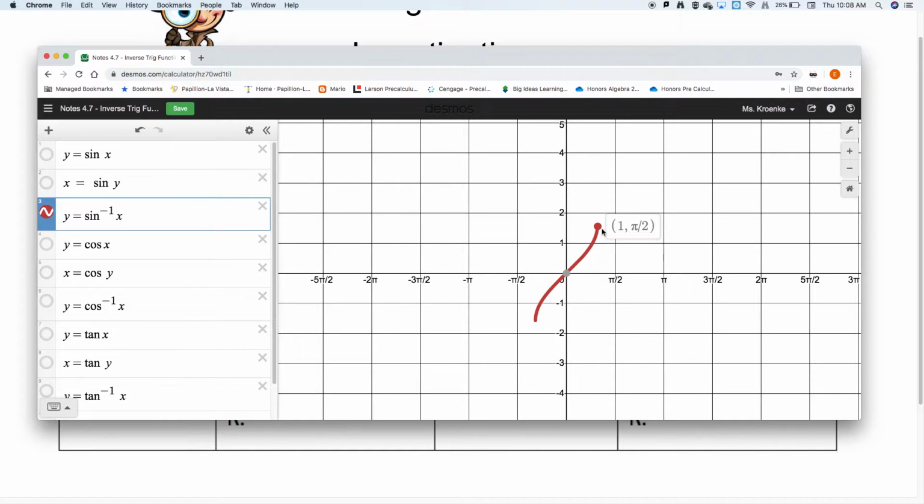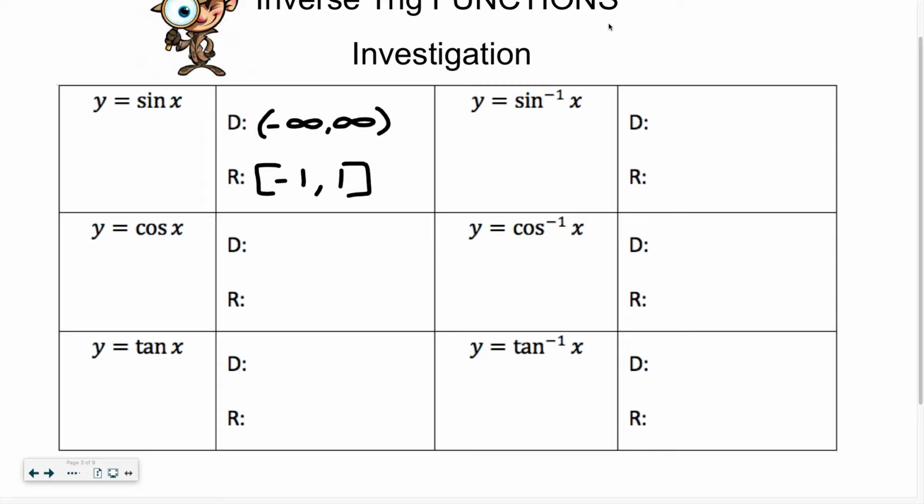So for my x's, it ranges from -1 to 1. That would be my domain for my inverse. But my y's are restricted. Instead of -infinity to infinity, the lowest one was, sorry, it's weird when I get down here, -pi halves. And the highest angle I'm allowed to answer is positive pi halves.